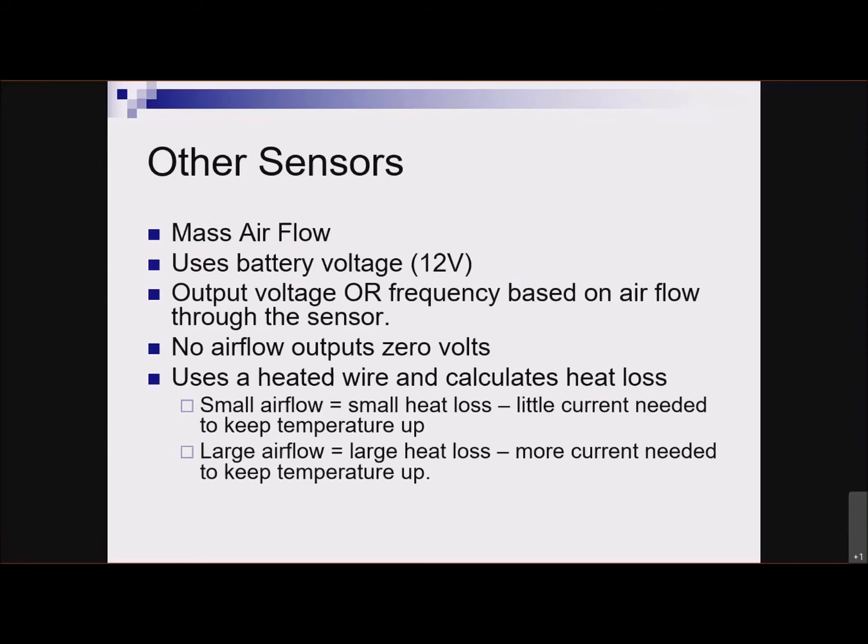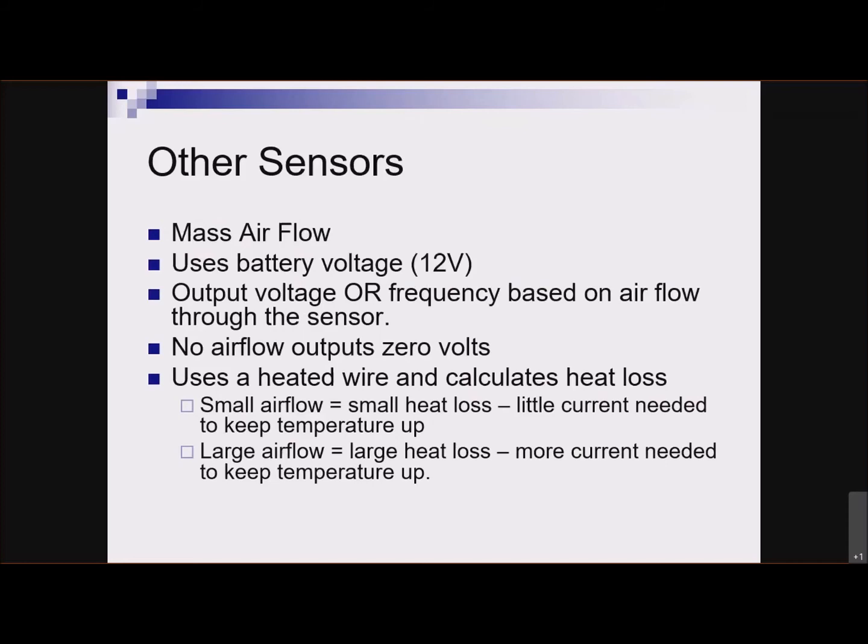You're familiar with the concept of wind chill, especially around here. And so you know that when the wind is blowing more strongly, it takes heat away from your body faster. So it feels much colder. So the wind velocity can sort of be measured by how fast it takes heat away from something.